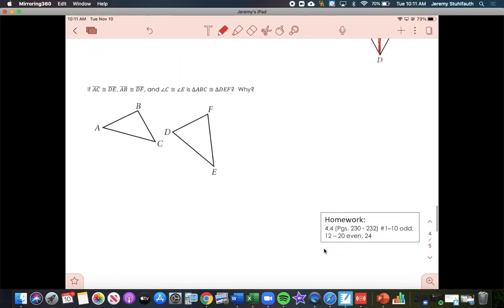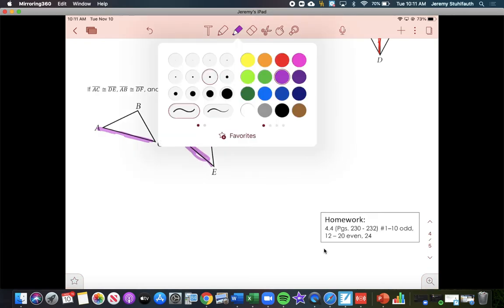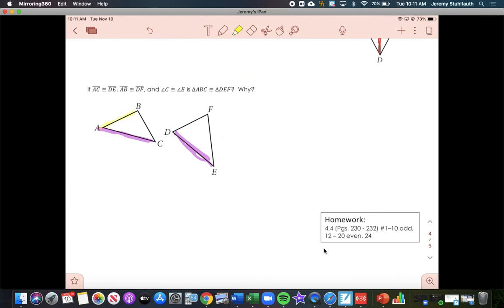Now, it says in this next example, here's side AC, we'll highlight this. If AC is congruent to DE, and AB is congruent to DF, right there, and angle C is congruent to angle E, can we say that these 2 triangles are congruent?